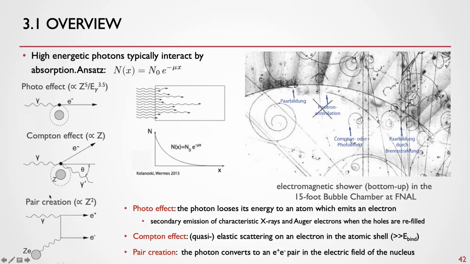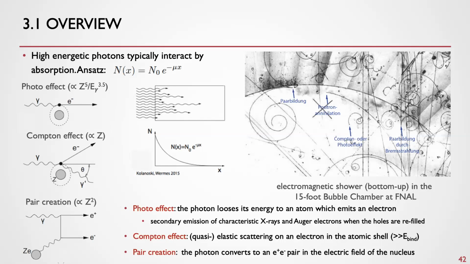This process is proportional to Z squared because it can only take place in very strong fields close to the nucleus, and close to the nucleus is so small that, well, if the nucleus is smaller than the wavelength of the photon, then pair creation will coherently be the dominant process.